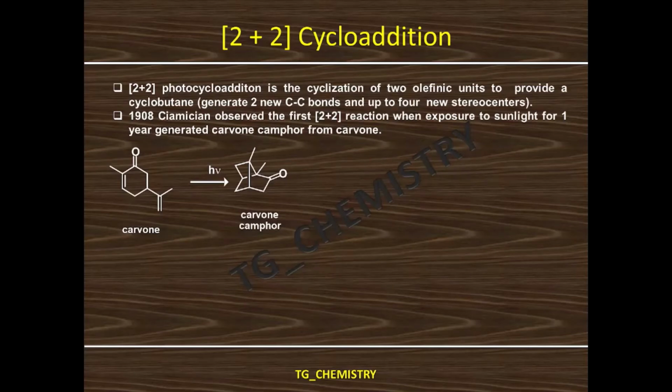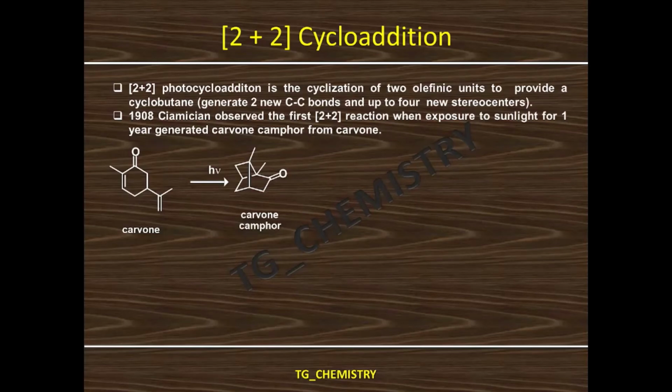So these transformations belong to the classic reactions that generally can be rationalized by the Woodward-Hoffmann rules. This 2+2 cycloaddition is very important and photochemically allowed, and it provides a practical way to synthesize cyclobutane derivatives. This is very important.